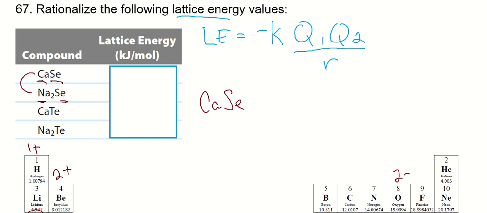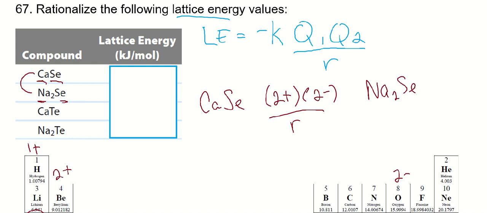For calcium selenide, we're going to disregard the K for now. The charge on calcium is 2 positive, the selenide is 2 negative, and the R is not really going to matter here. Now for sodium selenide, the charge is 1 positive times 2 negative, times some R, and that's really not going to matter as much.